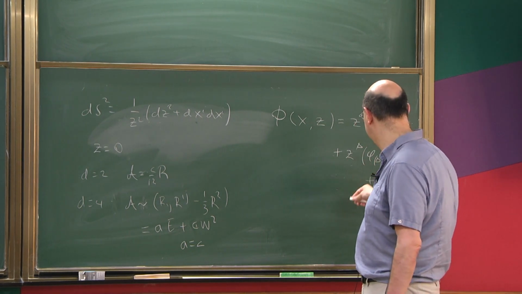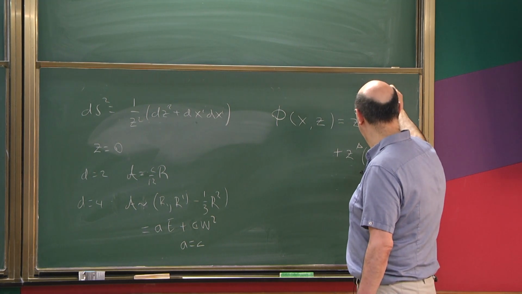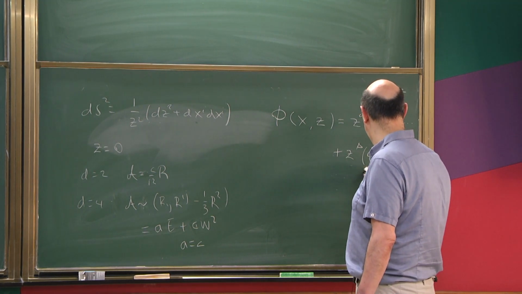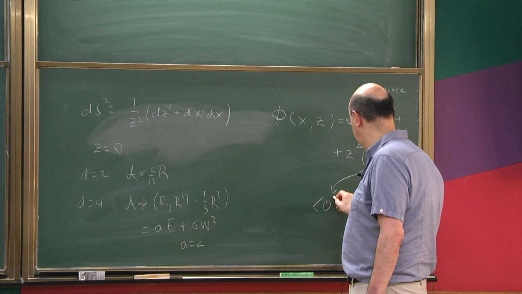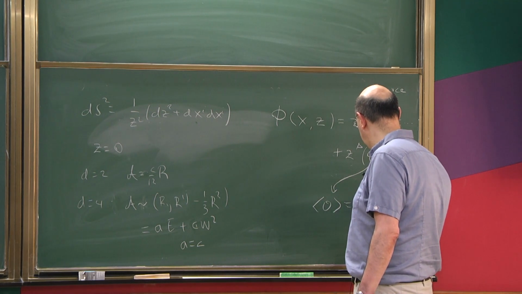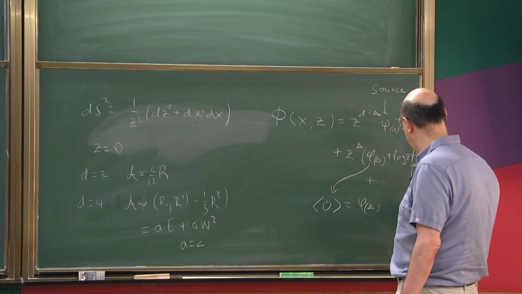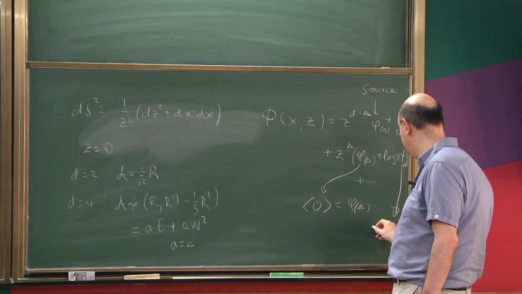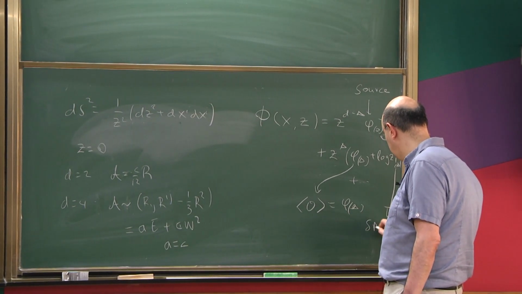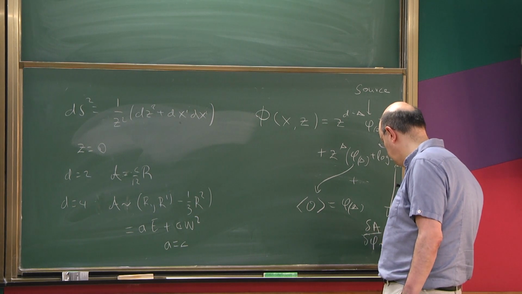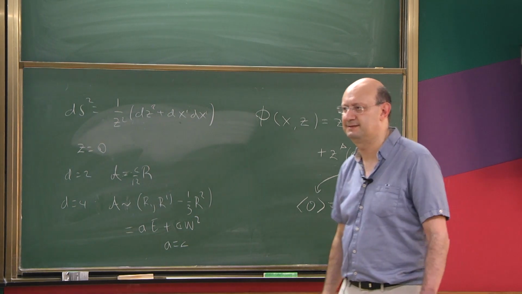This is the expectation value, and this is the source. This is the VEV, and this is also related to the anomaly.